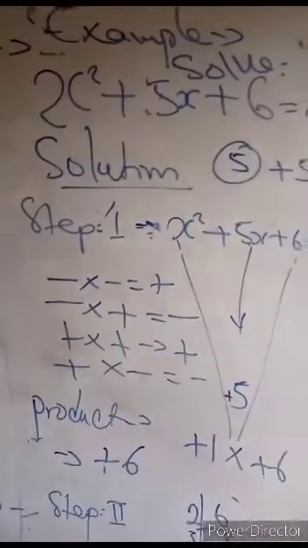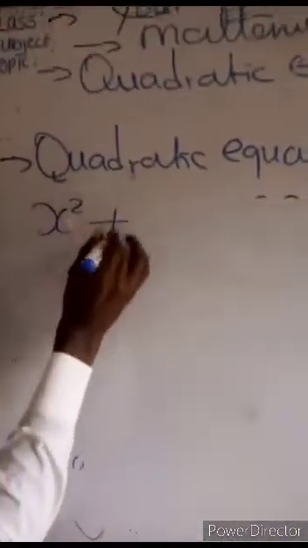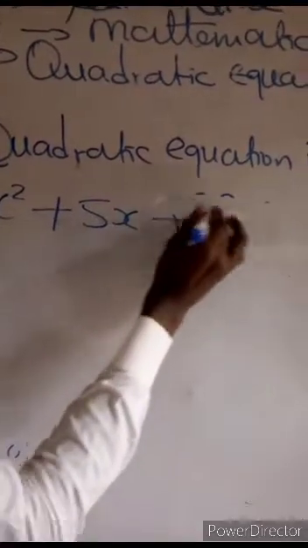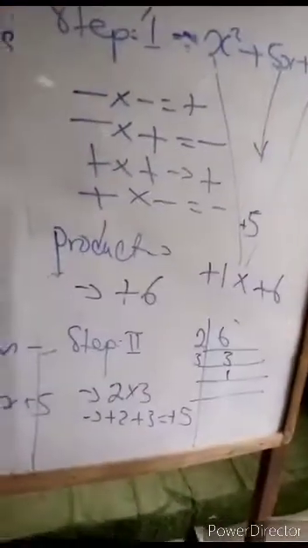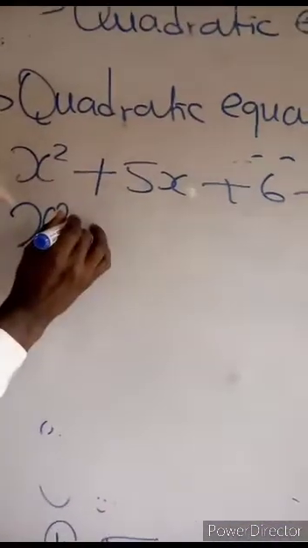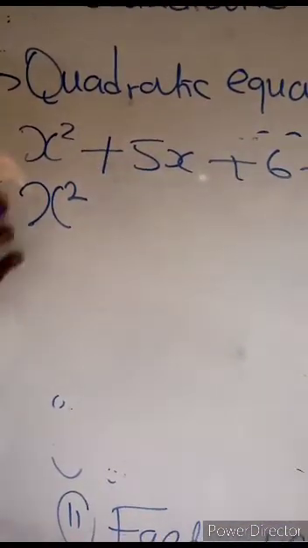is to create a space here. So in other words, to be able to cite the work very well, I'm going to rearrange the question back, which is x squared plus 5x plus 6 equals 0. Now this is x squared. The coefficient is 1. Remember, there is no figure.